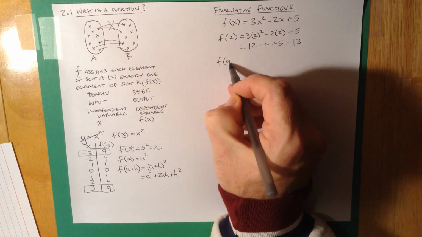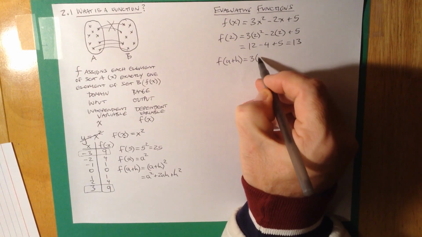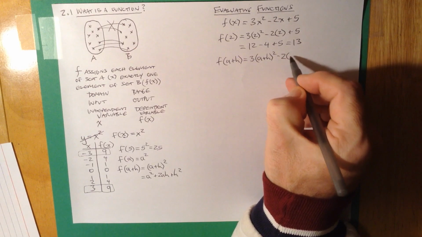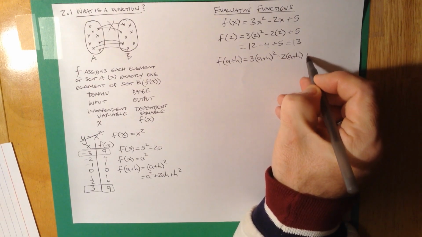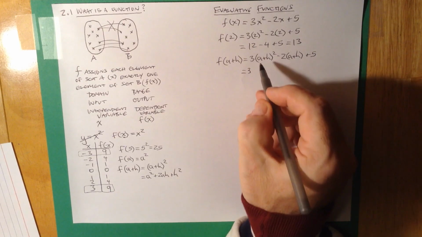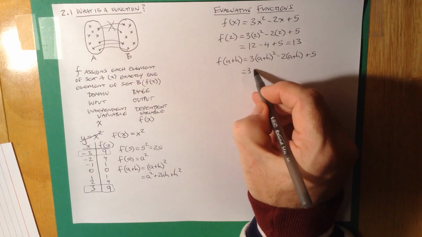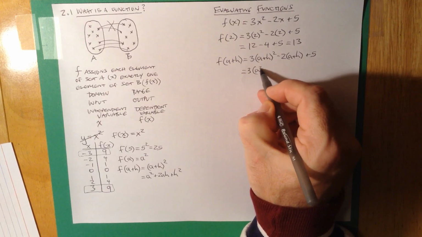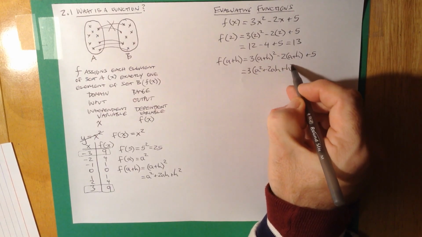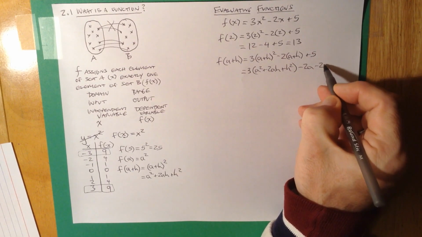So if I again said a plus h, this would be 3 times a plus h squared minus 2 times a plus h plus 5, and we would have to simplify that. What we saw from there at the bottom of the previous column, a plus h squared is a squared plus 2ah plus h squared minus 2a minus 2h.